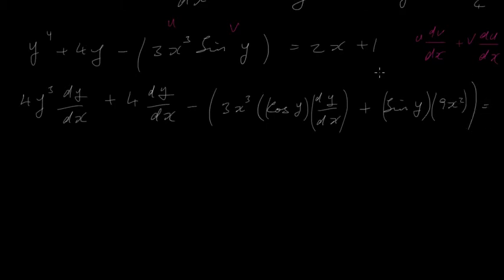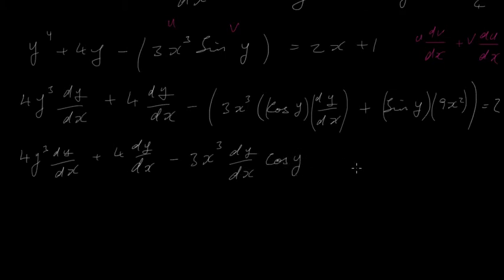And all of that is just going to be equal to what we get when we differentiate the right hand side here, which is just 2. Differentiate 2x, you get 2. Differentiate 1, you get 0. Now let's simplify that a little bit further. We've got 4y cubed dy dx plus 4 dy dx minus 3x cubed dy dx cos y plus 9x squared sine y.